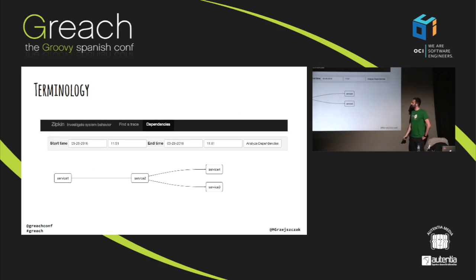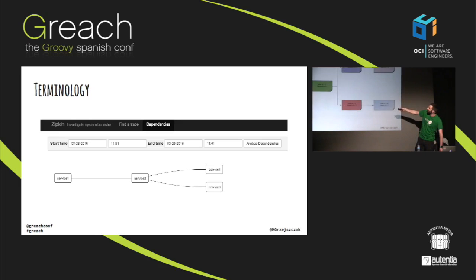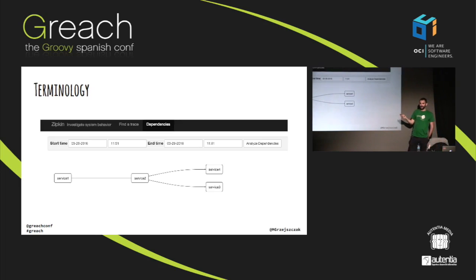And here start the cool things. This is the screen from Zipkin, because you can agree with me that it's better not to sketch a graph like that. It's better to have such a graph. And this is the graph of a running system. It shows you the calls being made within the system.